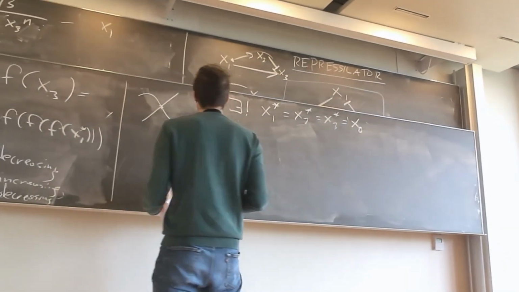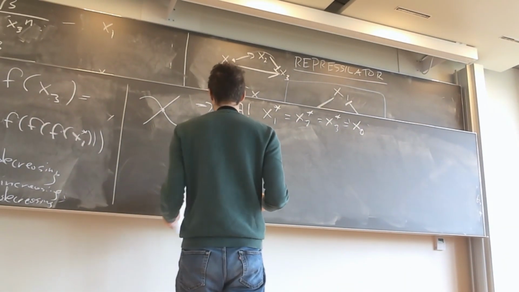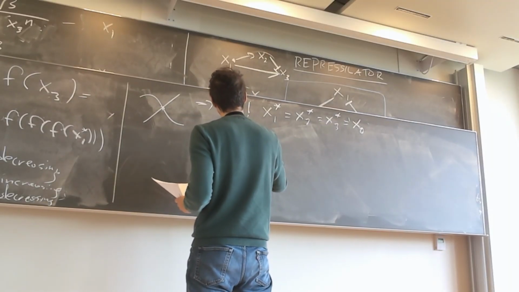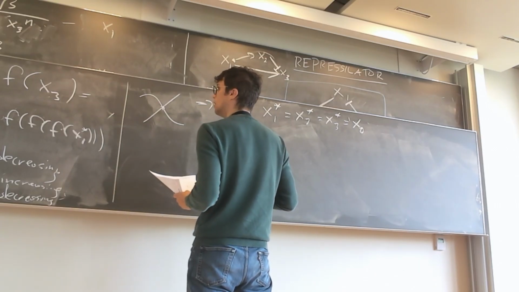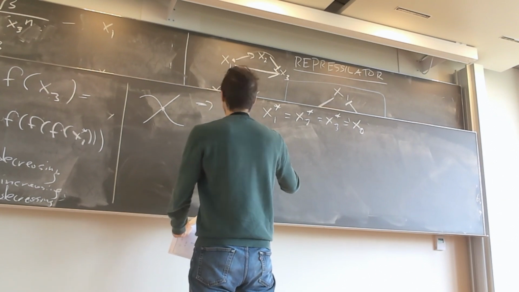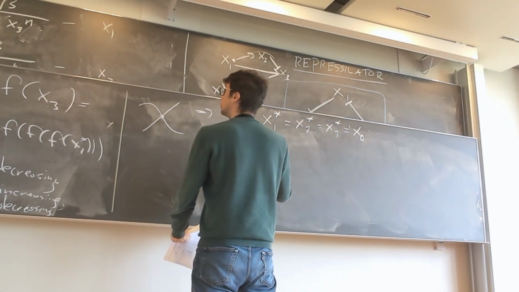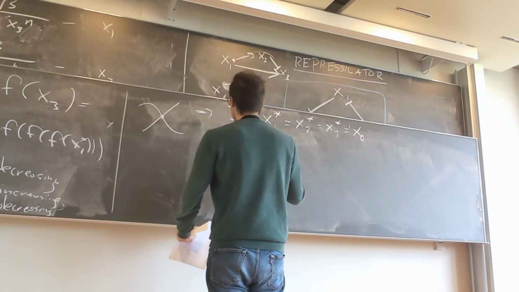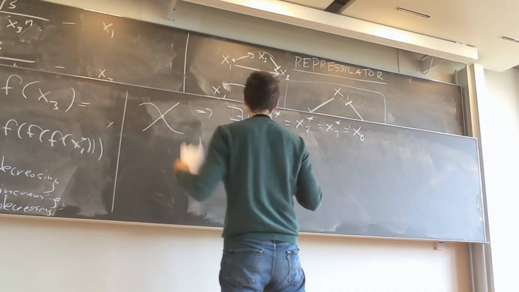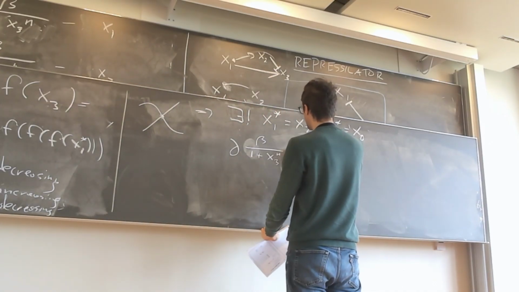So what about the Jacobian around this point? What we need to do here is to take the derivative of beta over 1 plus x3 to the n, which is the first function in our differential equation, minus x1.